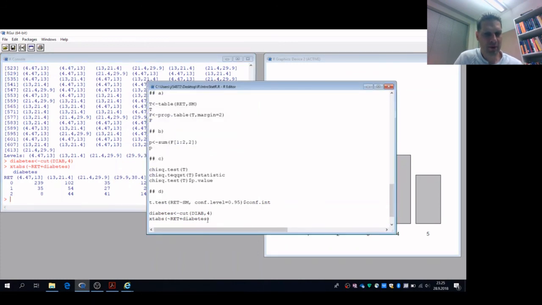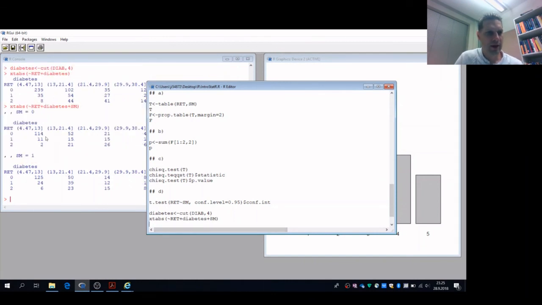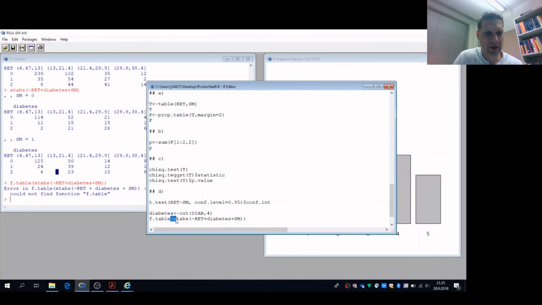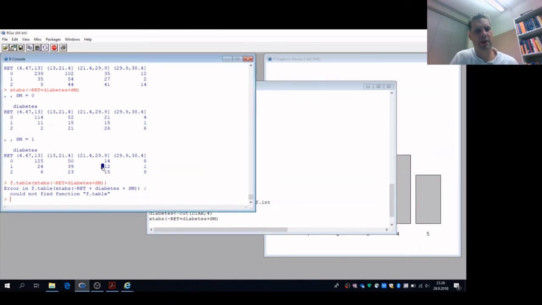But if for some reason we want to take smoker here, we could do it this way, getting a three-way table. And then there's actually a function, what is it, which cleans up the xtabs output so that it looks nicer, but I cannot remember exactly what it was.